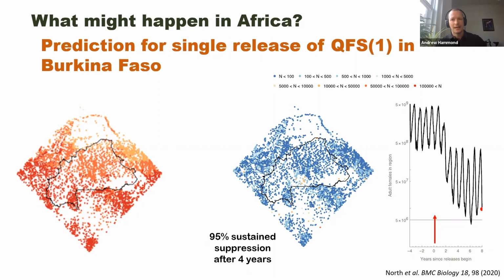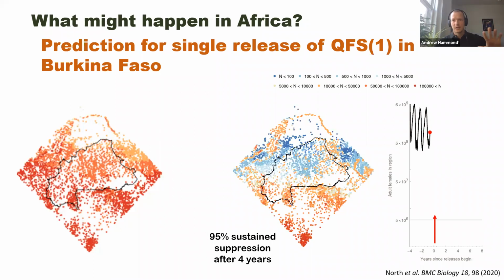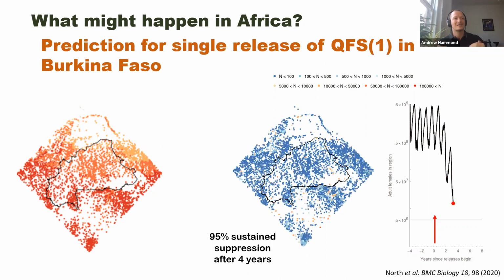But what you don't get is population elimination. Throughout this entire process, even after release, the mosquito population in Burkina Faso is still going up and down during the wet and dry season, but the total number is now drastically reduced by around 95%.